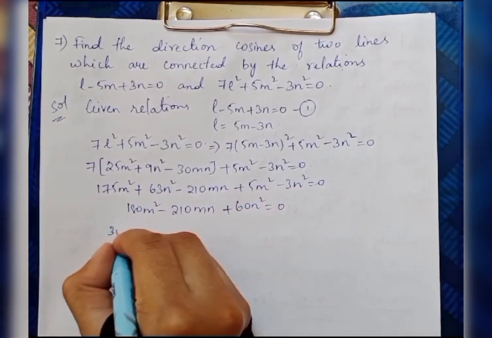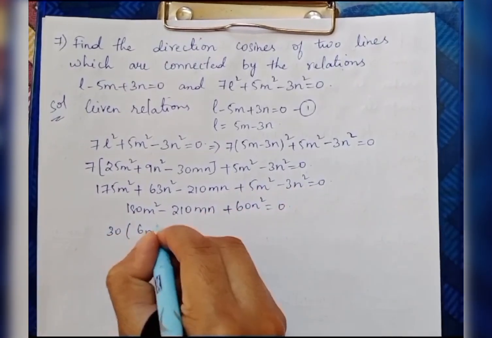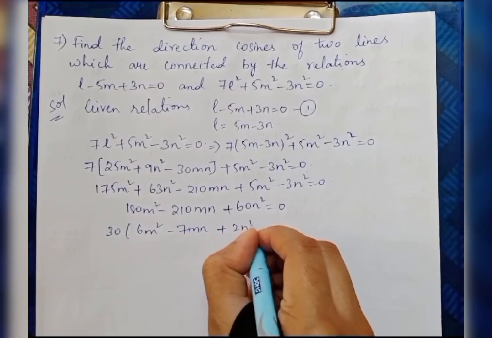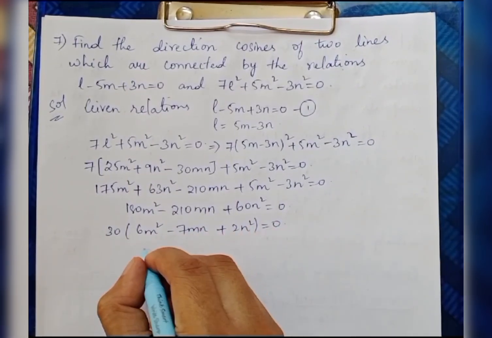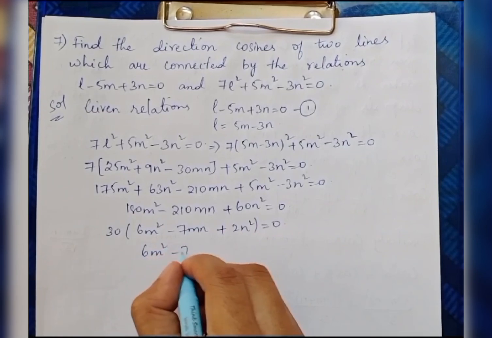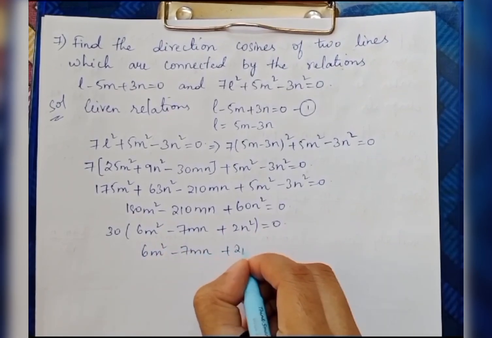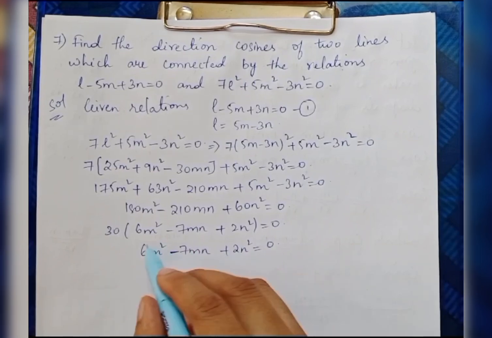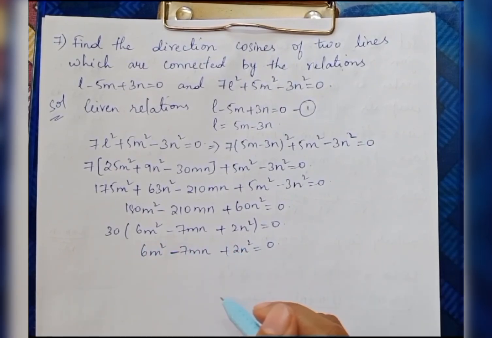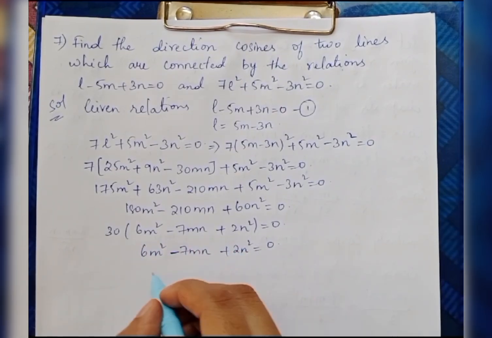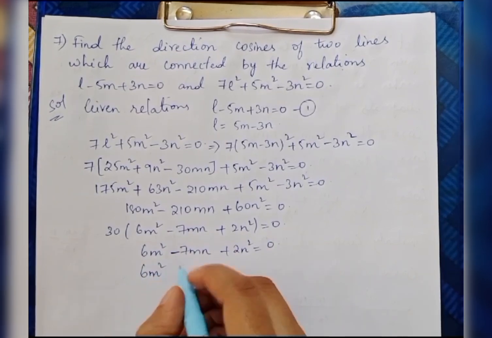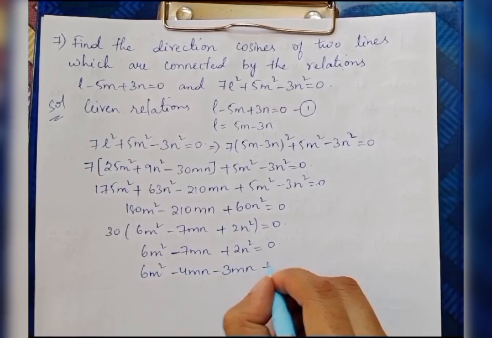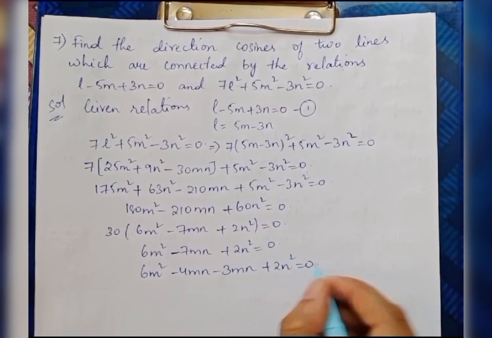Taking 30 as common, it will be 6m square minus 7mn plus 2n square equal to 0. So we'll be remaining with 6m square minus 7mn plus 2n square equal to 0. 6 into 2 is 12, and 12's factors are 4 and 3. So minus 4mn minus 3mn plus 2n square equal to 0.